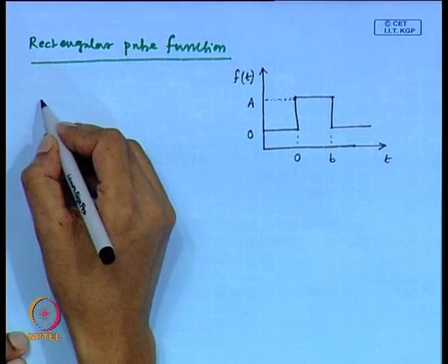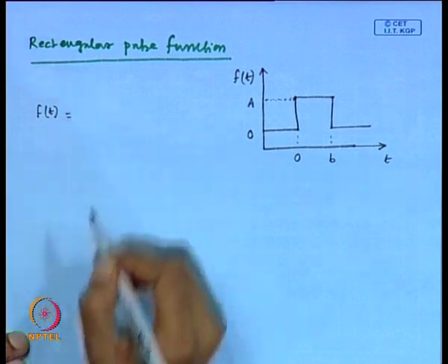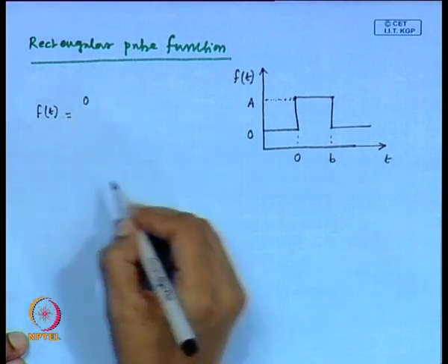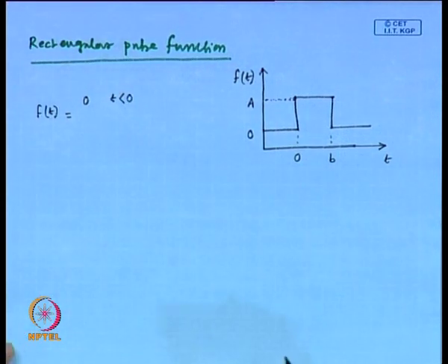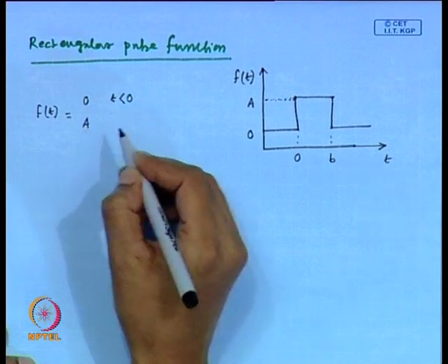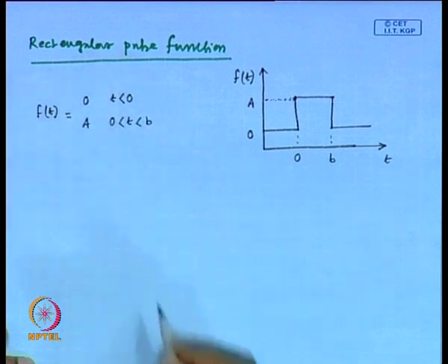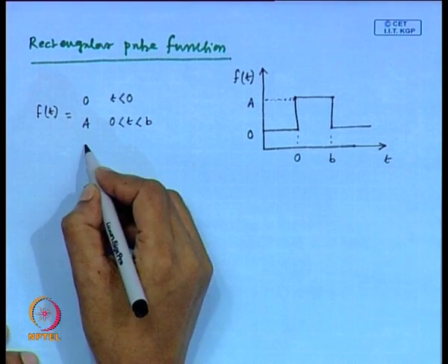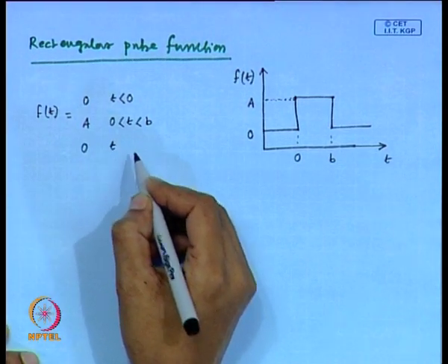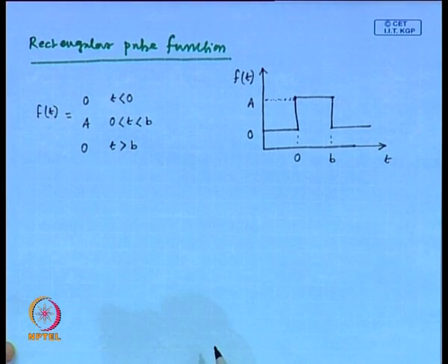Now, how we can represent it mathematically? F t equals to 0 when time t less than 0, f t equals to a when time is in between 0 and b, fine, and again this is 0 when time is greater than b, fine.